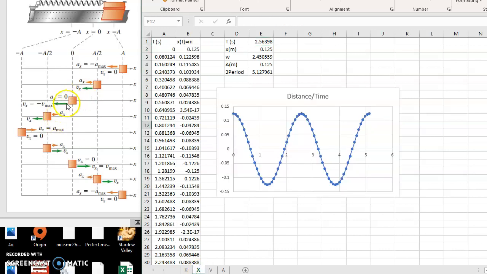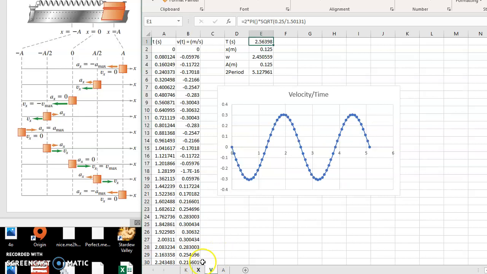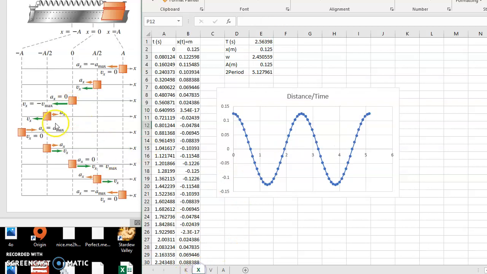As the velocity increases. And then the velocity would have a maximum amount of kinetic energy, which is in the middle, and meanwhile the acceleration would be 0, right? So that means maximum kinetic energy and minimum 0 potential energy.